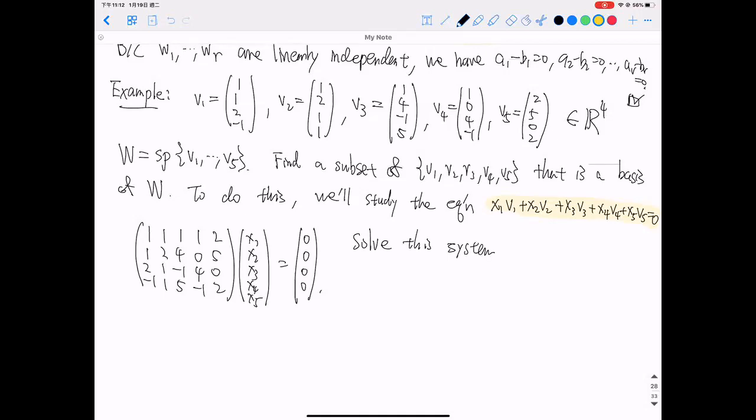And let me skip the details, but as you remember, what you're going to need to do is to write down the augmented matrix and turn it into reduced row echelon form.